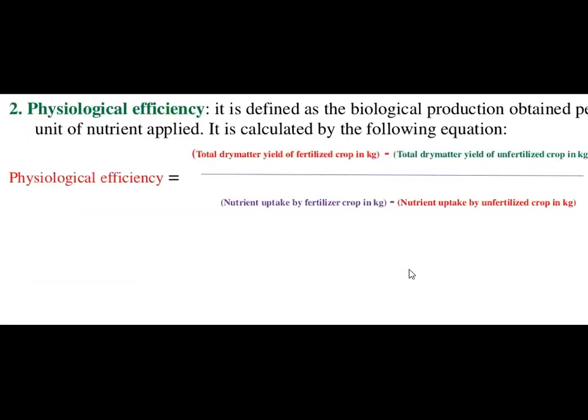It can be defined as biological production obtained per unit of nutrient applied. It is calculated by the following equation.